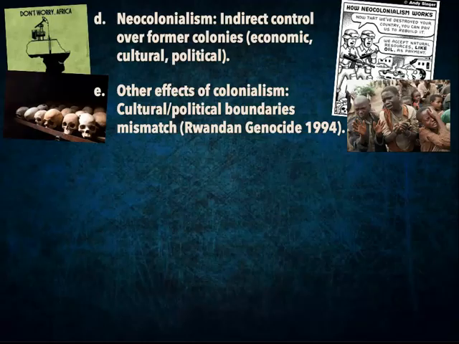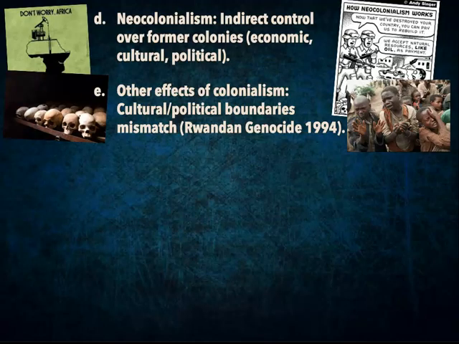And the one that got all the privileges while the Belgians were running the colony, well, when they get their freedom, the others who had been given second-class status for all those years wanted revenge. And so in 1994, they started launching attacks against the other cultural group in Rwanda. And it resulted in a genocide incident where more than 1 million people ended up being killed.